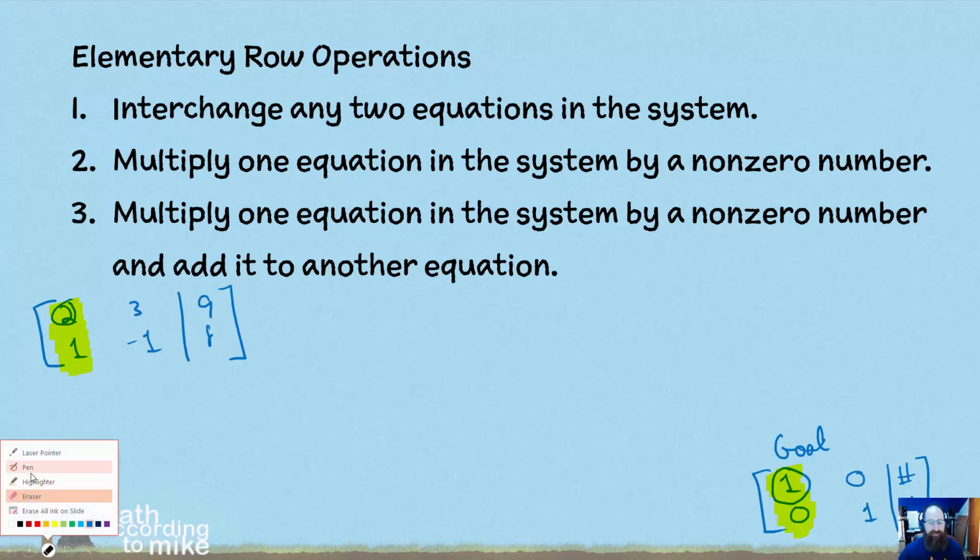Number 2, I could multiply a row by a non-zero number. Well, if I'm at a 2 and I want to get a 1, I could multiply everything by a half. That's totally fine. With that, though, that would create a fraction here and a fraction here. You want to try to avoid fractions if you can.